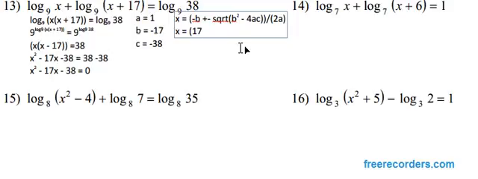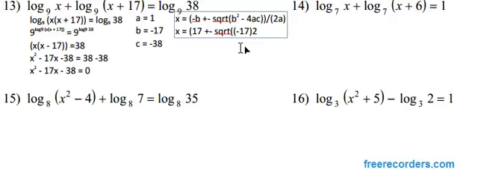And again, I'll say plus or minus the square root of b squared, which is now negative 17 squared. But when we square a negative number, we get a positive number.